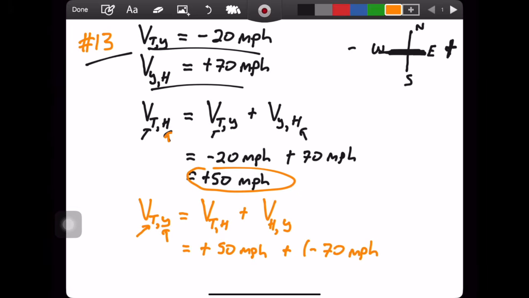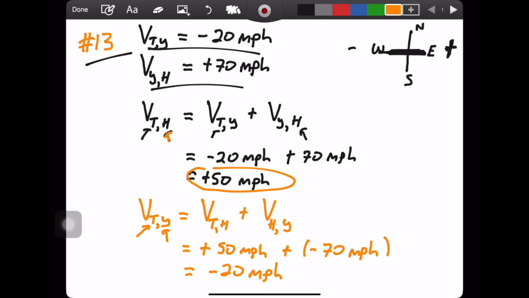The velocity of the highway with respect to us, we think, is going opposite the velocity that the highway sees us going. And so the velocity of the truck with respect to us is that minus 20 mph I was talking about.